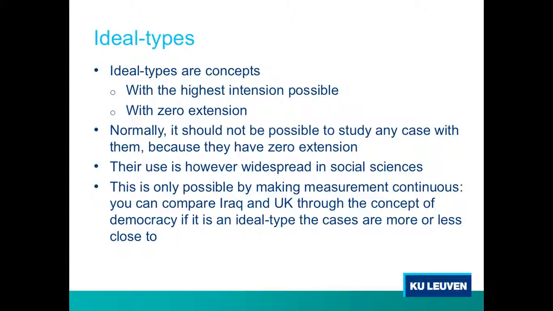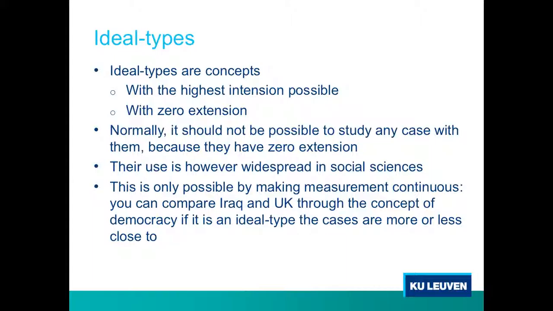So normally, it's impossible to perform any study of any case with an ideal type, because no case complies with the definition of an ideal type. However, their use is widespread in social sciences, especially in management studies, where you have so many best practices or ideal situations of very successful companies having achieved so much and providing a benchmark for other cases.